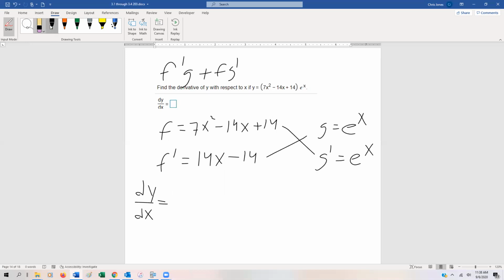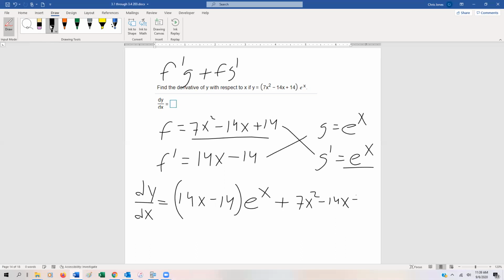So we're going to have, according to our formula, 14x minus 14 times g, which is e to the x. And we have to make sure that we use parentheses. So that's 14x minus 14 in parentheses, e to the x, plus f g prime. So that's going to be 7x squared minus 14x plus 14.